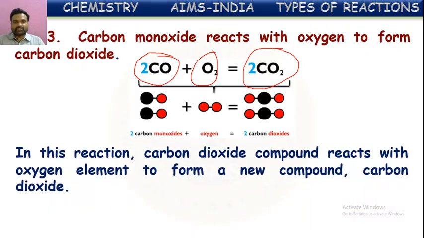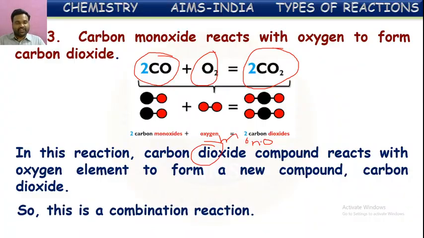So in this reaction, carbon monoxide compound reacts with oxygen element to form a new compound, carbon dioxide. Hence, it is also a combination reaction, but it is between a compound and an element.